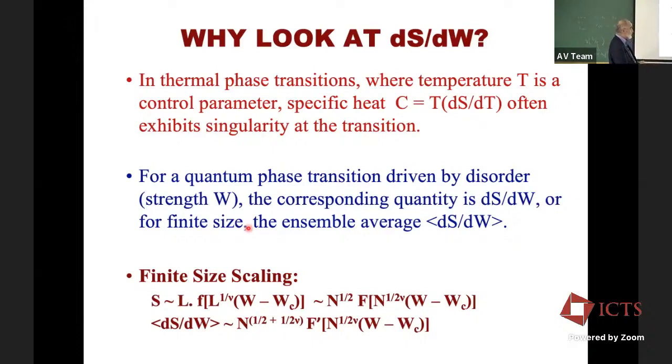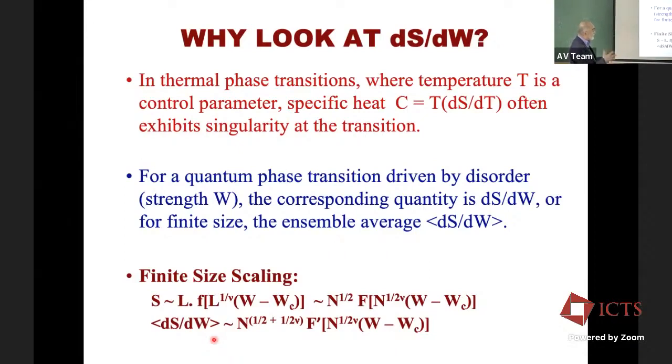Now, of course, it's certainly possible that you can extract something else. If you were going to say that, then when you take dS/dW, you extract out 1 over 2ν as a result of the derivative.